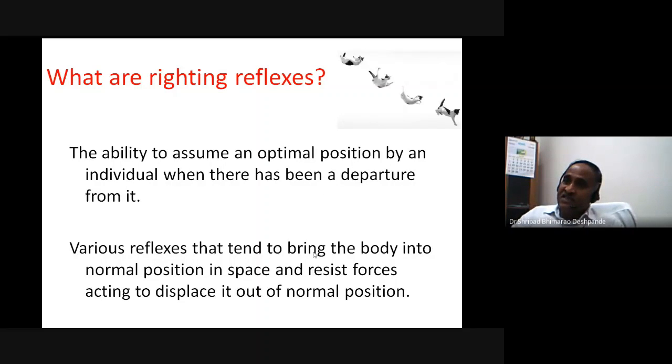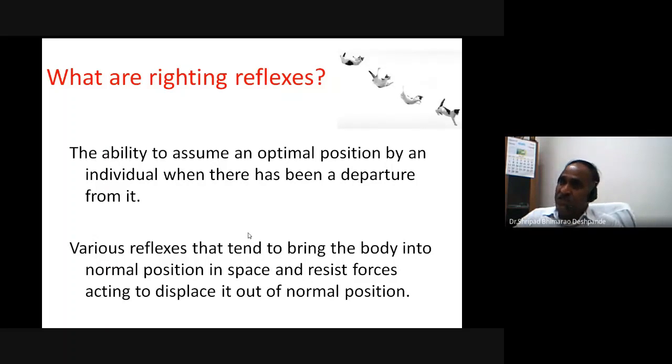Various reflexes that tend to bring the body into normal position in space and resist forces acting to displace it when challenged. When challenged means when the normal position is changed. That is the righting reflexes.